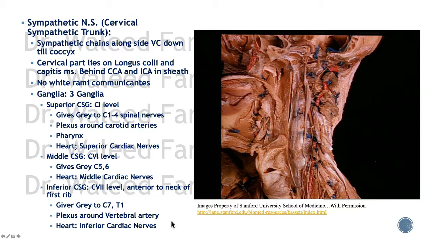It supplies gray rami to C7 and T1, and makes a plexus around the vertebral artery. This is how the sympathetic supply reaches the posterior aspect of the brain, by the plexus around the vertebral artery. It also sends a bunch of inferior cardiac nerves to share in the cardiac plexuses at the posterior aspect of the heart to supply it. So don't forget that.